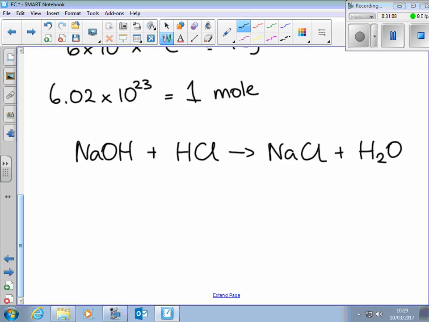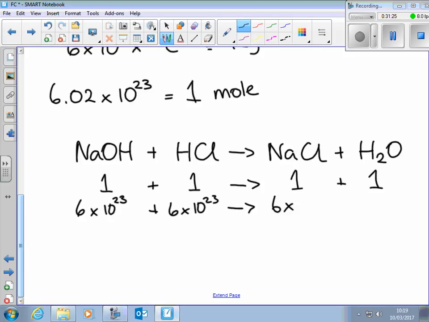So although this is a ratio of 1 plus 1 gives us 1 plus 1, and that might be atoms, it could be moles, because 6 times 10 to the 23rd will react with 6 times 10 to the 23rd to give you 6 times 10 to the 23rd, and so on.